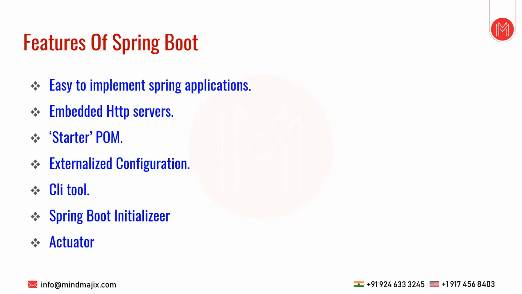As I already told you, with Spring, for any database communication you need to write a lot of configuration in XML files regarding your user-defined bean, the JDBC template bean, and the data source bean. All these things you need to do manually when you are implementing a Spring application. But with Spring Boot, you need not worry about the configuration. That will happen automatically with the help of one simple feature, that is auto configuration.